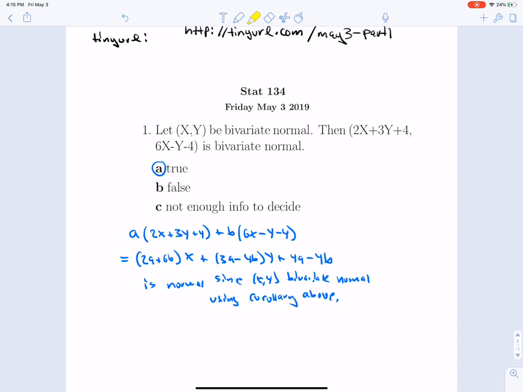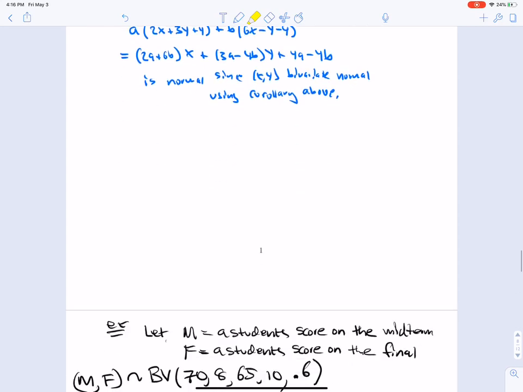The reason I know that is because when I rearrange things, I have a linear combination of X's and Y's, and X and Y I know is bivariate normal, so this is going to be normal. And then it just follows from the corollary above.